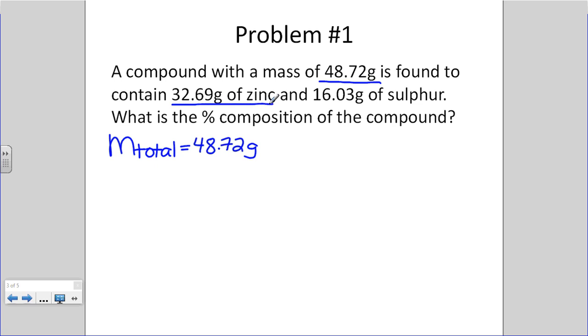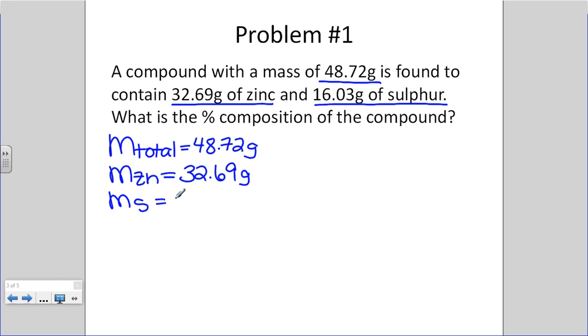We've got a mass of zinc, so we're going to list that here, 32.69 grams. And we've got a mass of sulfur. So they've already given us some information about which elements are present in our compound. They're asking us to find the percent composition of the compound.